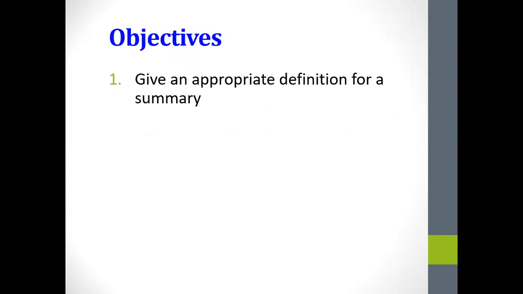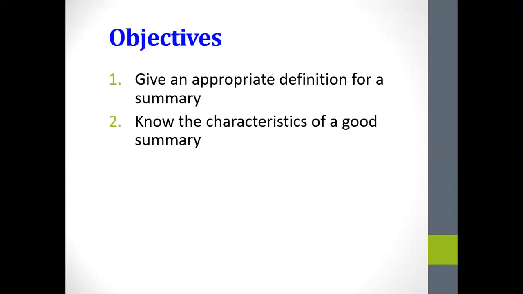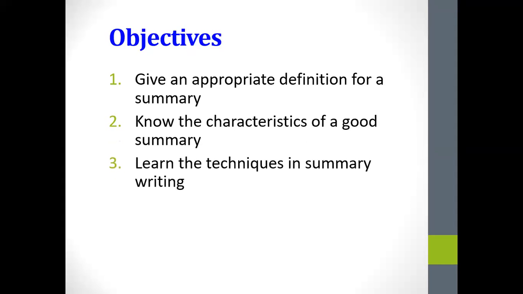Number one, the appropriate definition of the summary. We're also going to learn the characteristics of a good summary, what a good summary looks like, and some techniques to help you write the summary in a good way, what to do and what not to do in the summary, and some practice. Ready? I hope you're ready.